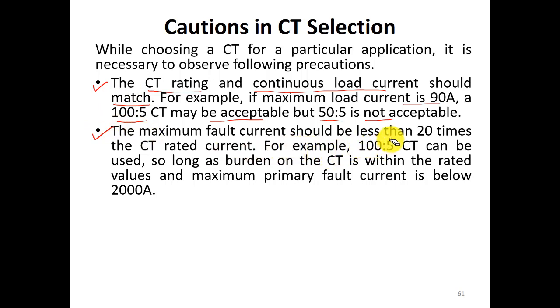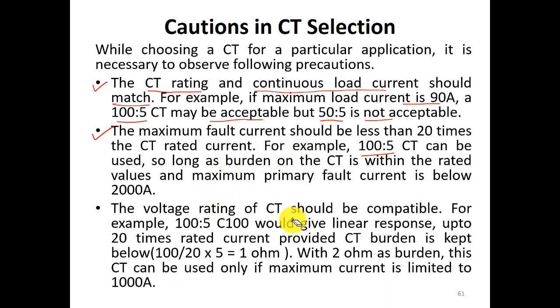The maximum fault current should be less than 20 times the CT rated current. For example, a 100:5 CT can be used so long as the burden on the CT is within the rated values. That is, the maximum primary fault current is below 2000 ampere, then only we can use the 100:5 CT ratio.